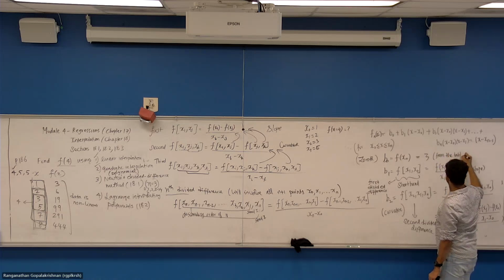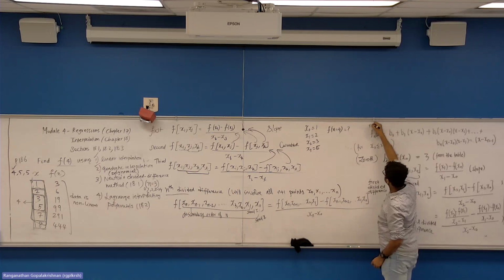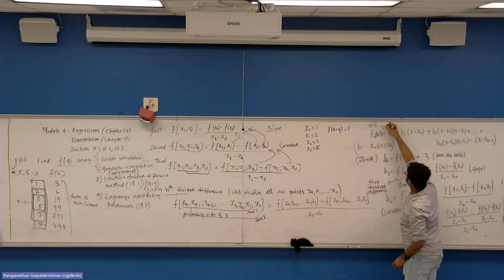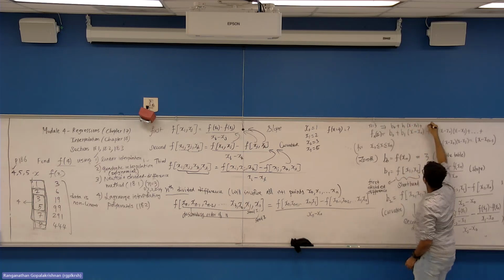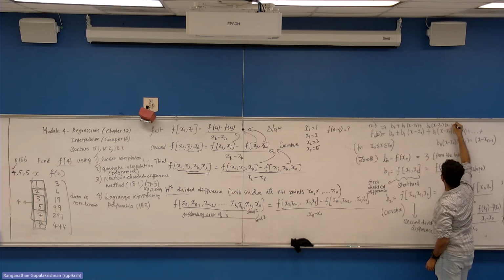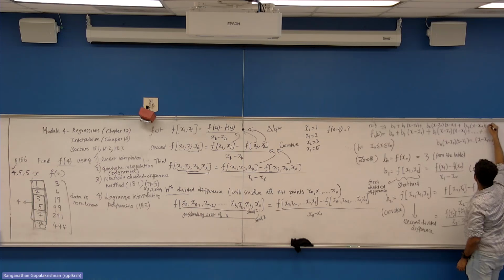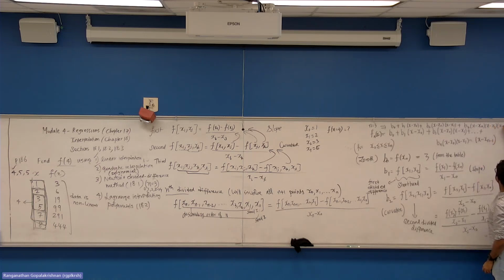So since we are going to choose n equal to 3, this formula will reduce to b naught plus b1 times x minus x naught, plus b2 times x minus x naught times x minus x1, plus b3 times x minus x naught times x minus x1 times x minus x2. It goes up to n minus 1, which is x2.